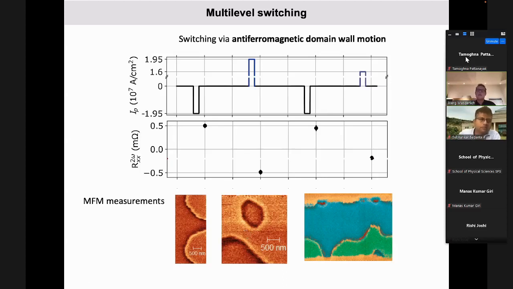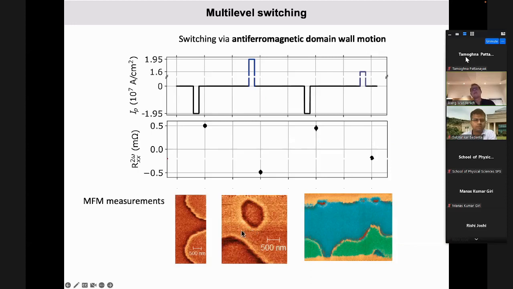This stray field may slightly tilt the magnetic orientations of the upper and the lower layer at the domain wall position. So the domain wall is not perfectly antiferromagnetic. It may have a little twist, a little bit like an effect of the Dzyaloshinskii-Moriya interaction. You get a bit of charged domain walls here.